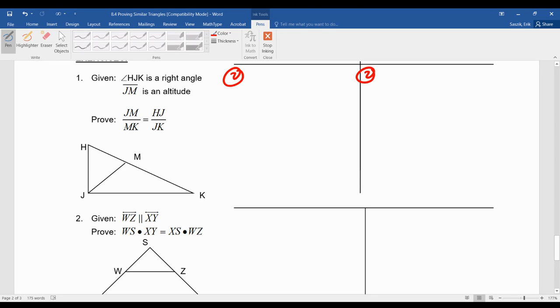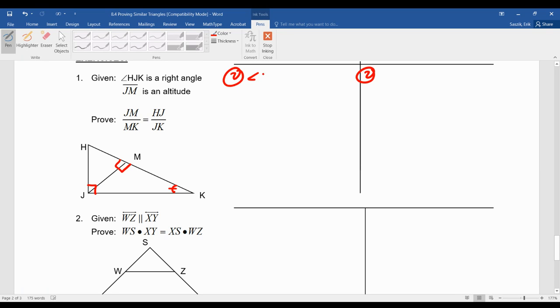JK is in, but you see, this tells me something. I'm going to have to use this triangle on the right. And I hope you realize the triangle on the right has this reflexive angle with the big triangle. So I'm guessing I'm going to prove the triangle on the right similar to the big one. So we have a right angle there. We have an altitude.